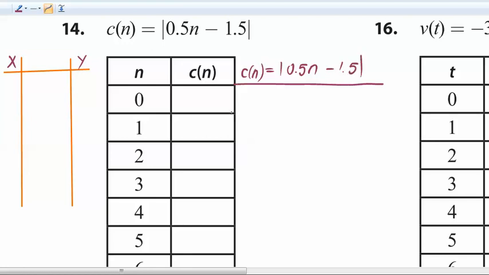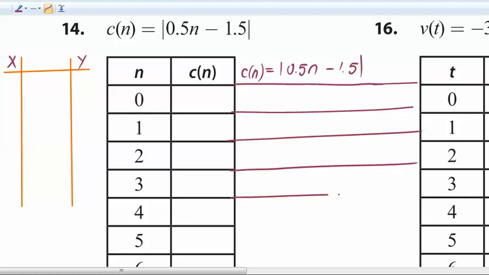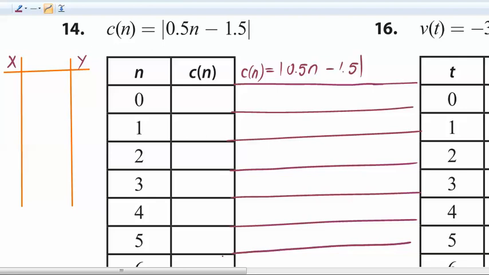So in this third column that I just created, we will find, step by step, the value of C of 0, C of 1, C of 2.